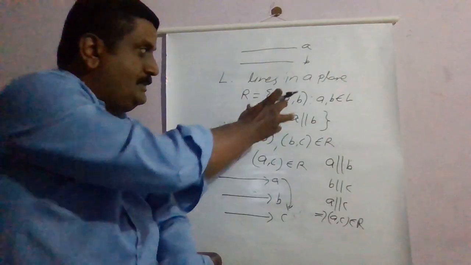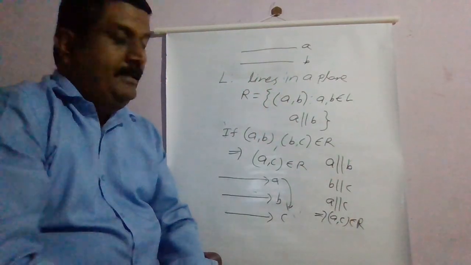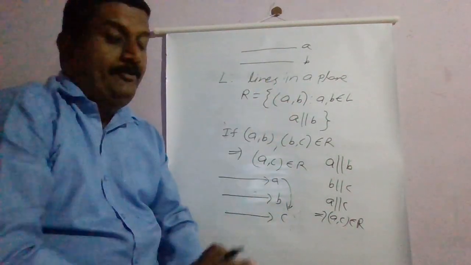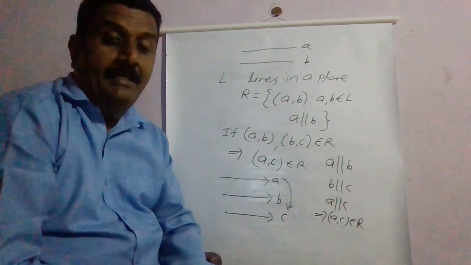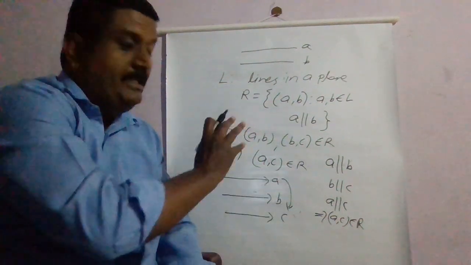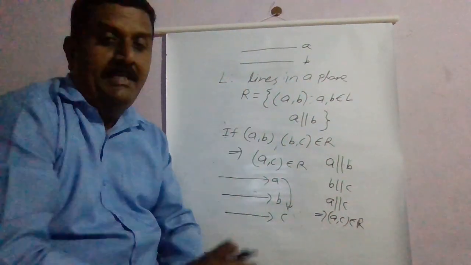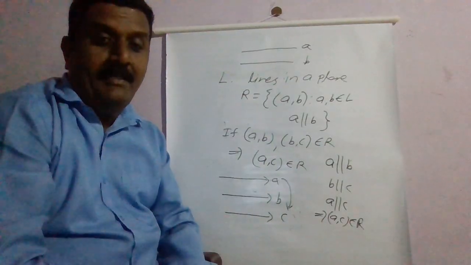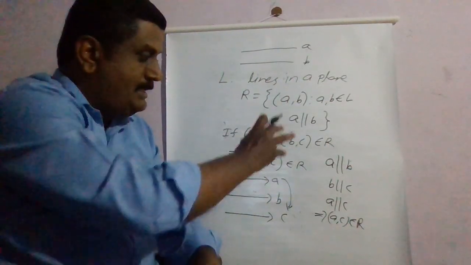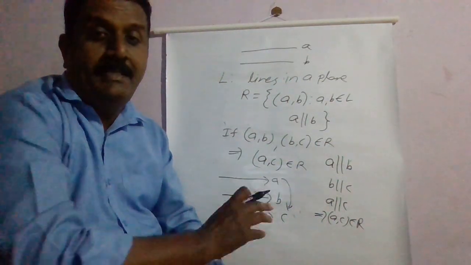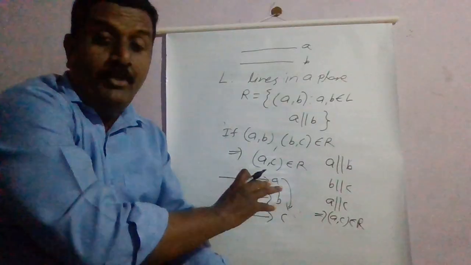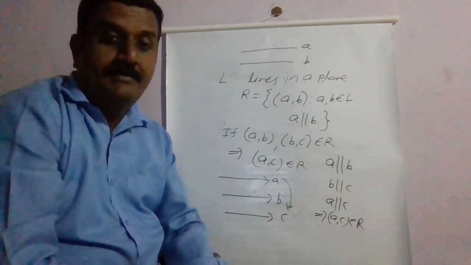So using the given set and the given relation, you have to check whether the relation is an equivalence relation. For that, first you have to check whether it is reflexive, whether it is symmetric, and whether it is transitive. These three things you have to remember. If all three are true, then only we can say that it is an equivalence relation.